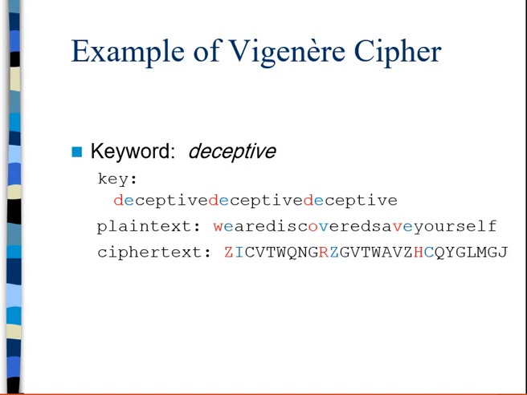For instance, in the Vigenère cipher, consider that your keyword is deceptive. You need to repeat this word until the length of your plaintext.